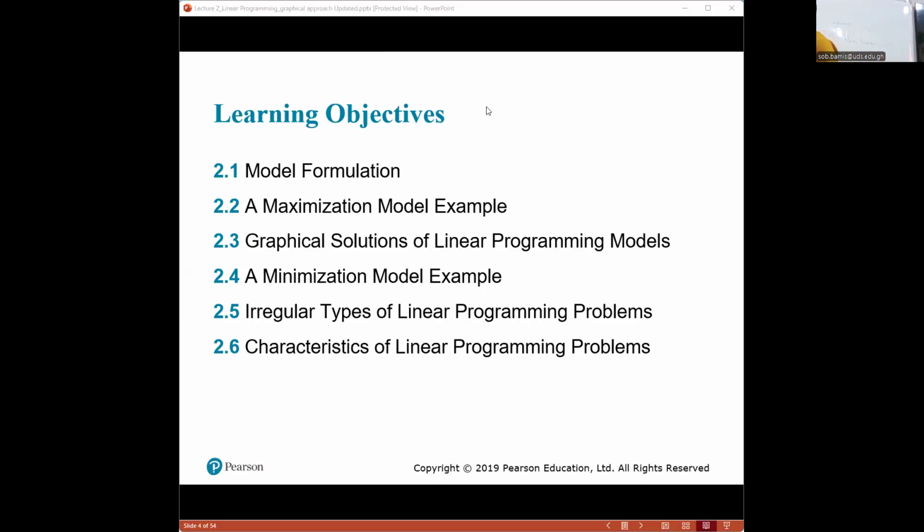There are 3 main steps involved in linear programming. Number 1 is to identify the problem as being solved by linear programming. And that's what I just illustrated.